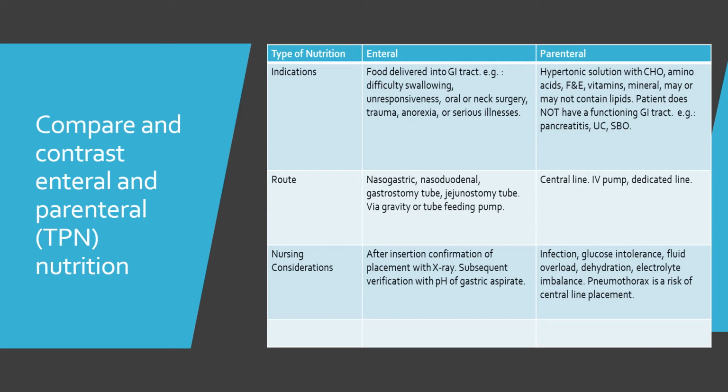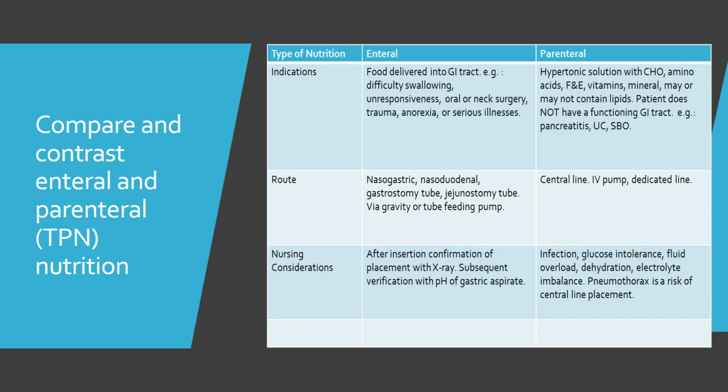Some nursing considerations for a patient that's getting an NG tube is to make sure that we're confirming placement. When an NG tube is placed, before we can use it, that first time it's placed, we must do an x-ray to confirm placement, because we want to make sure that it's not in the patient's lungs, that it is where it's supposed to be in the stomach.